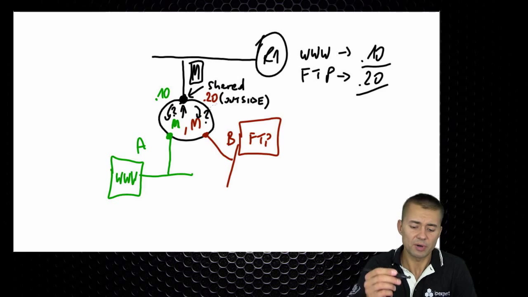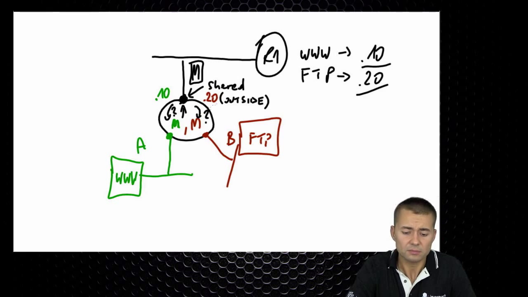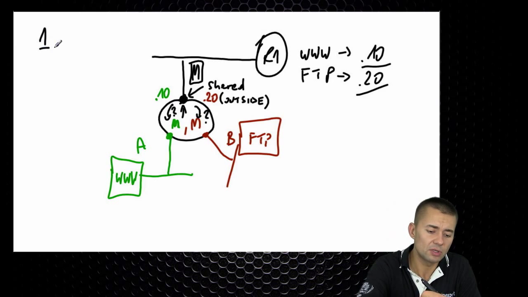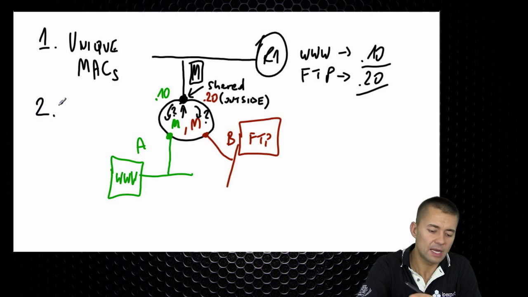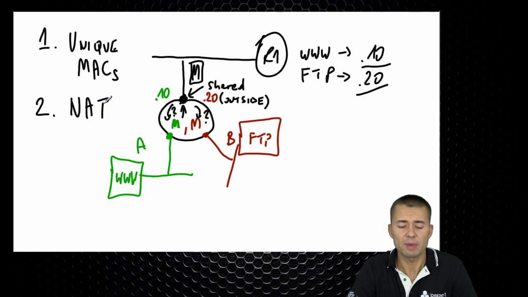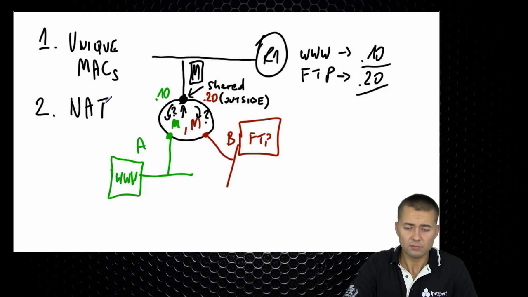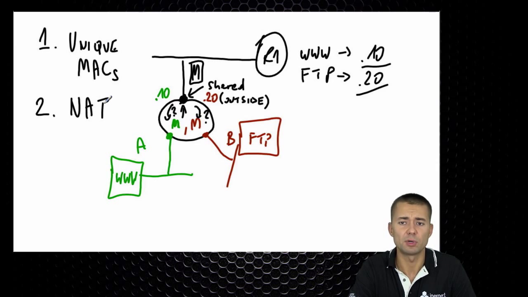So the solution to this problem is traffic classification, which can be done in two different ways. One way is going to be to use unique MAC addresses, and the other one is going to be to use network address translation. With the first method, unique MAC addresses, we can globally, in the system context, enable the generation of unique MAC addresses.